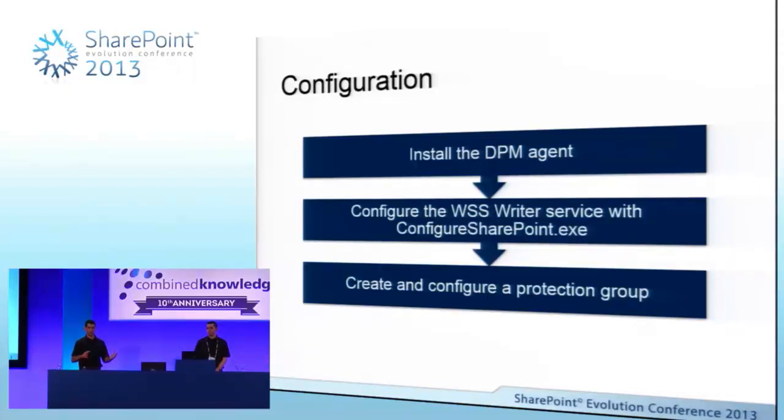The way that we use DPM to protect SharePoint data is that SharePoint isn't hosting any content that we want to protect, so SharePoint is almost just used as an entry point by DPM to protect the content that we need, which is actually stored on our SQL servers. So we need to ensure that we have the DPM agent installed on all the SQL servers that are hosting our SharePoint content databases.